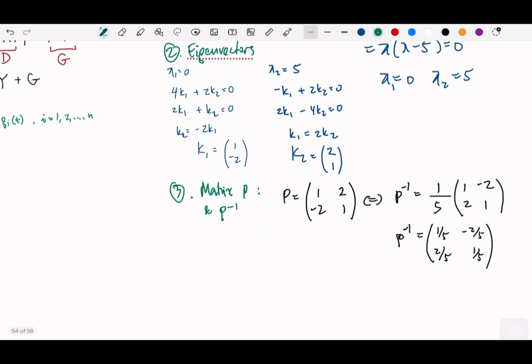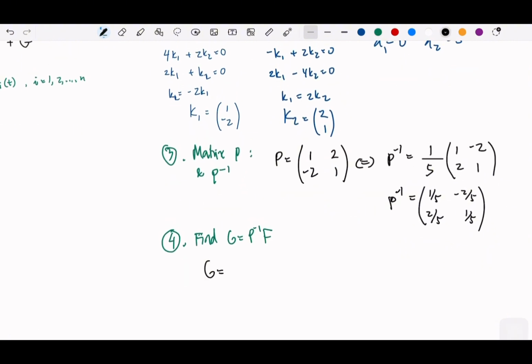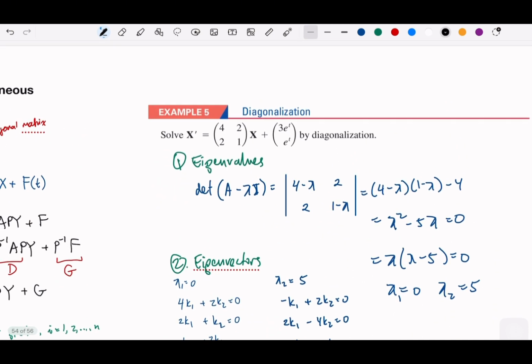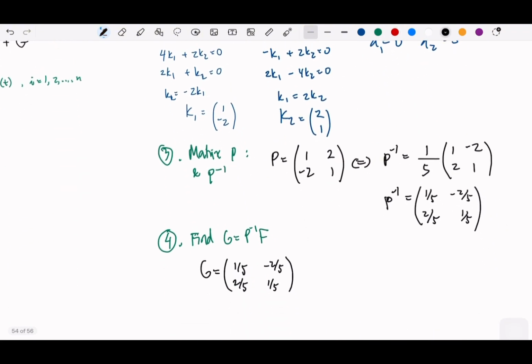And then find G, which is P inverse F. So G will be 1 over 5, 2 over 5, multiplied with F, which is this, right? This is F. So 3e^t, and then e^t.